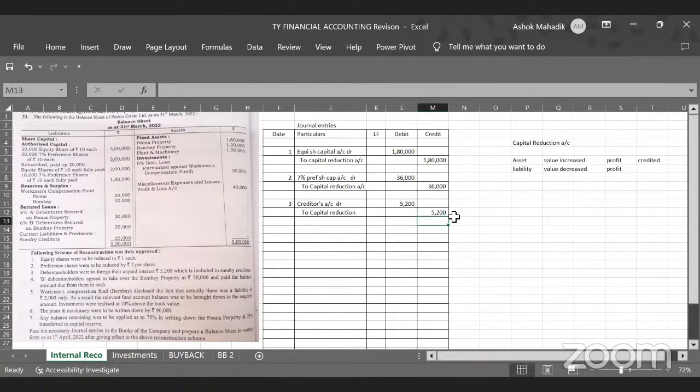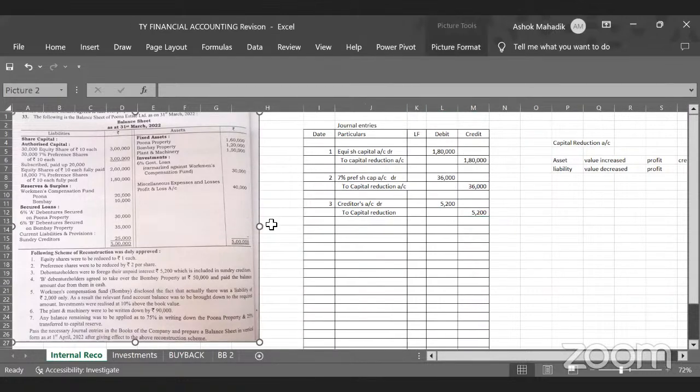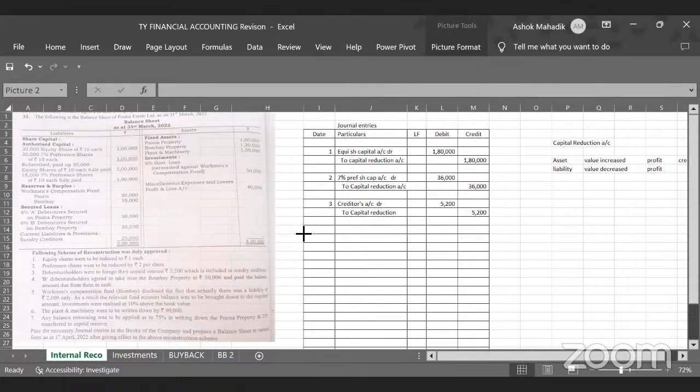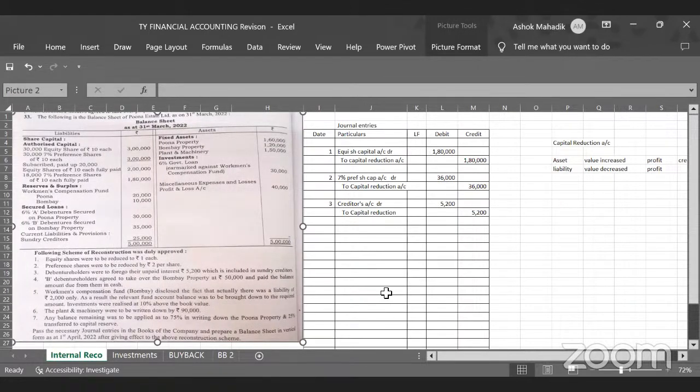Okay. Next, fourth adjustment. Debenture holders agreed to take over the Bombay property at 50,000 and paid the balance amount due from them in cash.